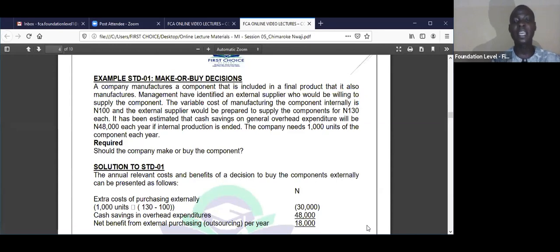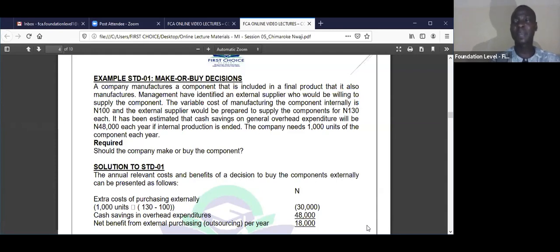That's the incremental extra cost of purchasing it outside. Now, if you're buying 1,000 units, that will mean that 30 naira multiplied by 1,000, it means you are spending extra 30,000.